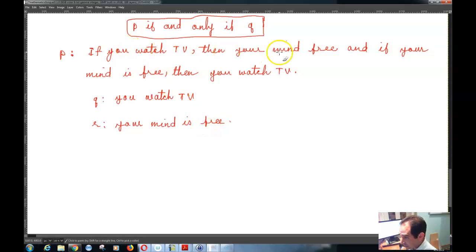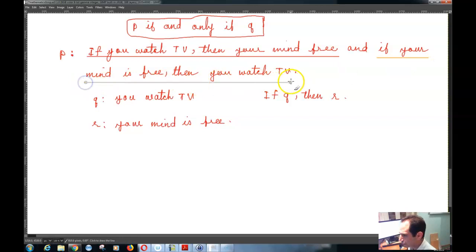The first part says that if you watch TV, meaning that if Q, then your mind is free, which is R. And the second part is if your mind is free, then you watch TV, meaning that if R, then Q. So as you can see, you have if Q then R, and if R then Q.